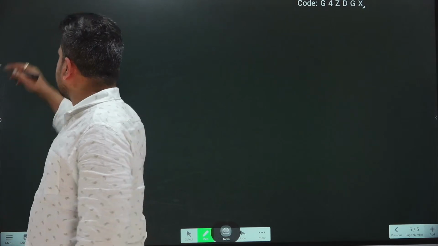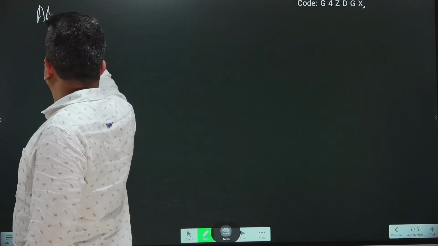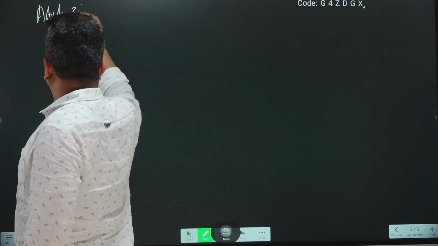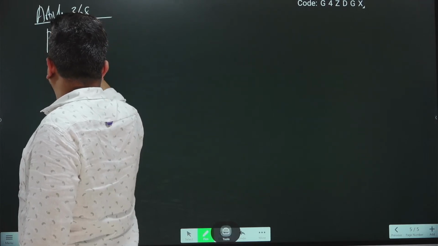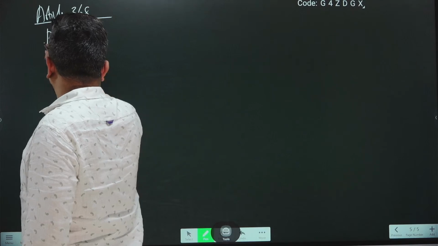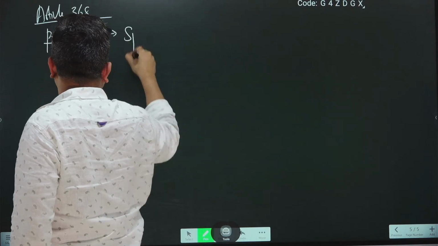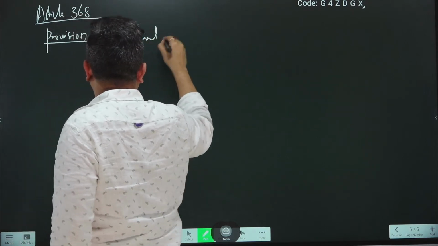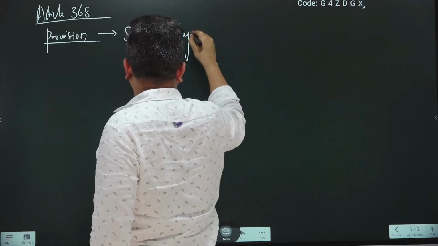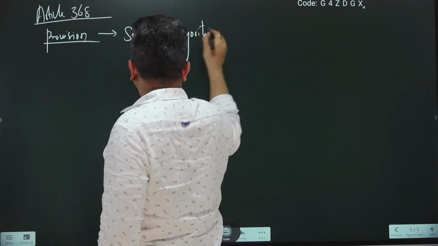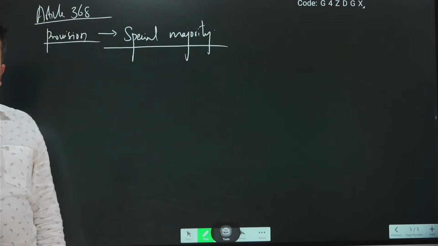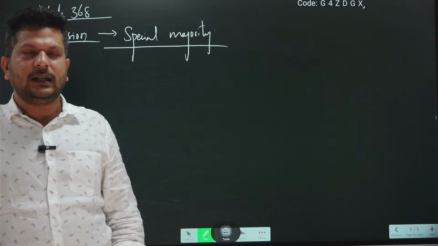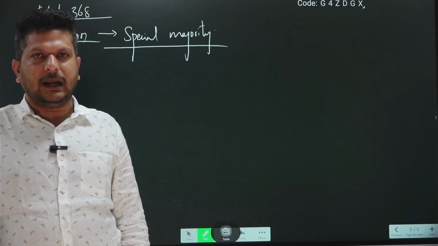Under Article 368 subclause 2, there are various provisions listed which require special majority in order to be passed in the parliament.